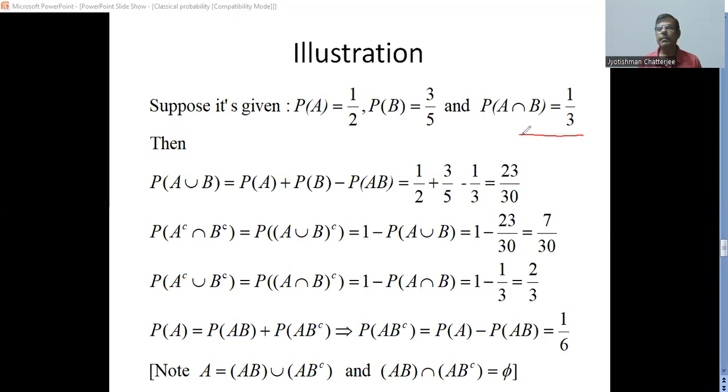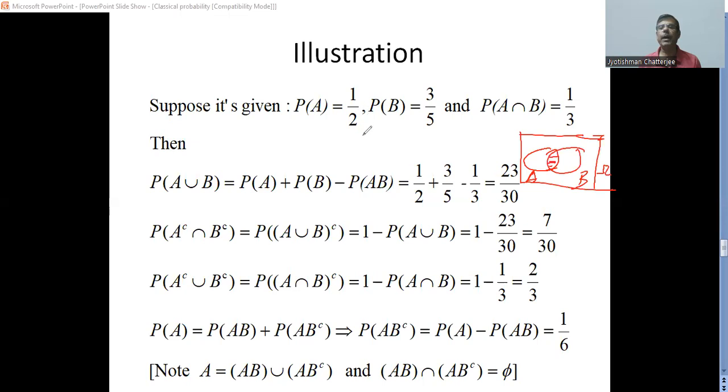This is omega. Here is A. Here is B. This is A intersection B. Probability of these three things are given.